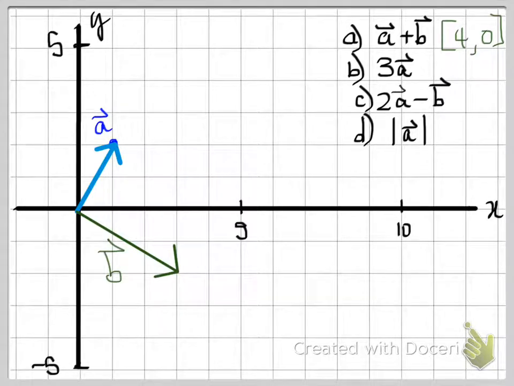Now we want to triple the A vector. So let's look at the A vector and see if we can multiply that by 3. So we get 3 of those. We're just going to get the vector A and get 3 of those vectors, and we're going to paste 3 of those vectors one right after the other.